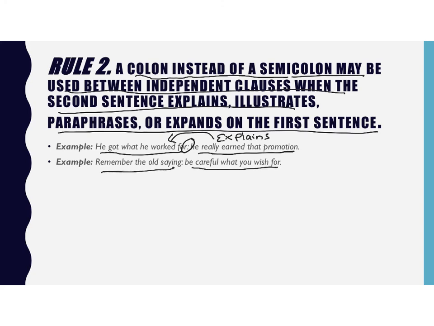Be careful what you wish for. Complete sentence. But this explains or describes that saying. And so you're going to use a colon. Okay. Now, it is possible, as practice is also explaining, the key part is the explain, illustrate, or expand on the first sentence.